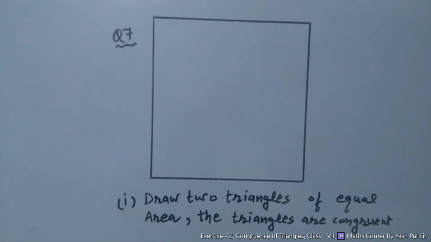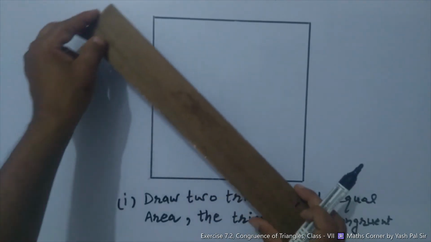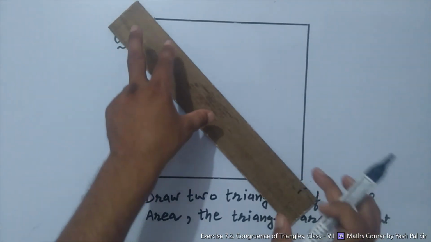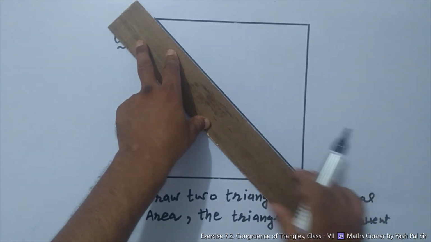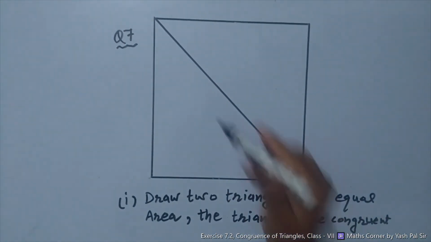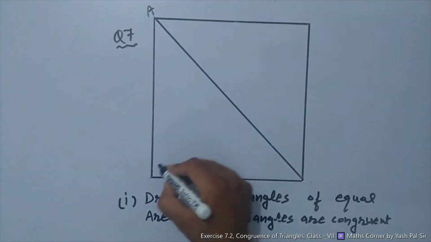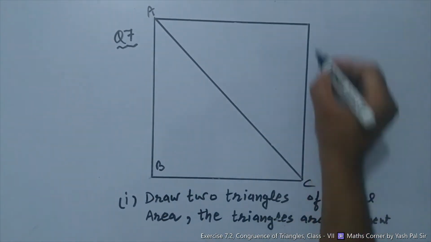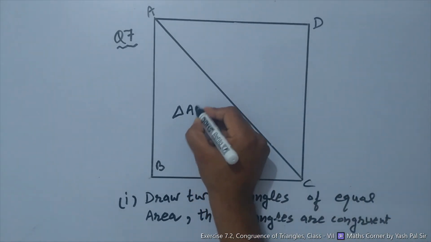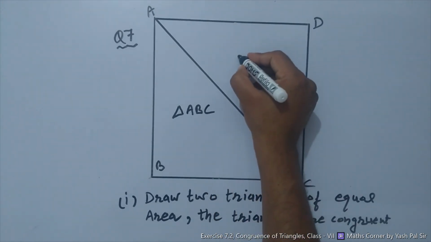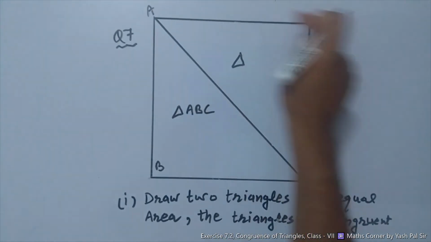In the first part, draw two triangles of equal area, the triangles are congruent. My dear students, if we just join the diagonal of the square ABCD, then we obtain two triangles: triangle ABC, and here this is the second triangle ADC.